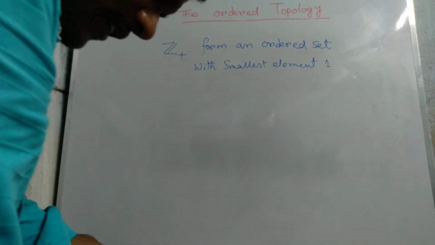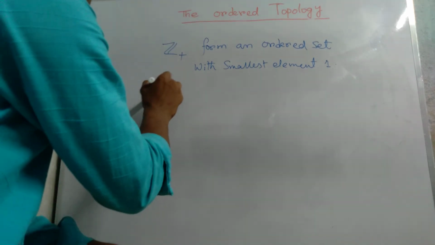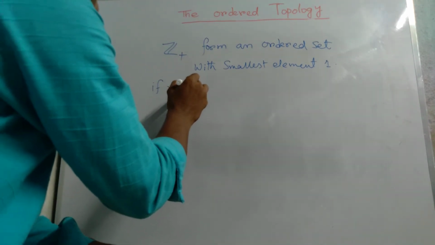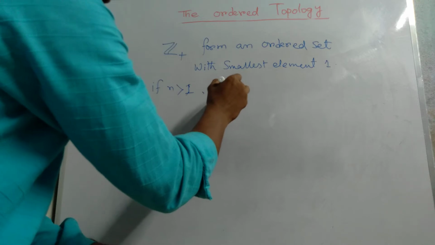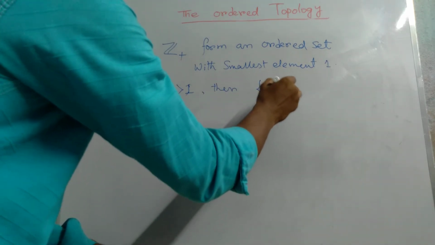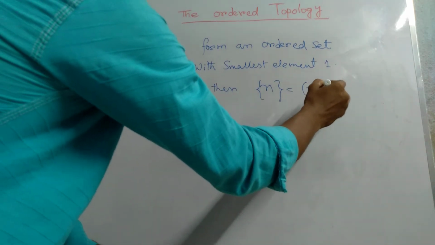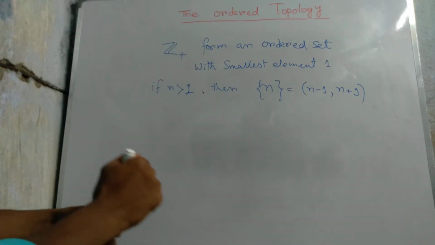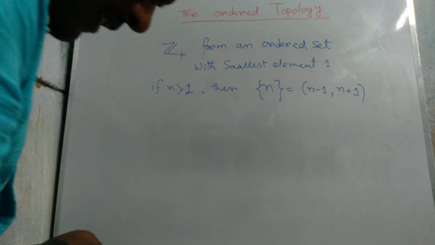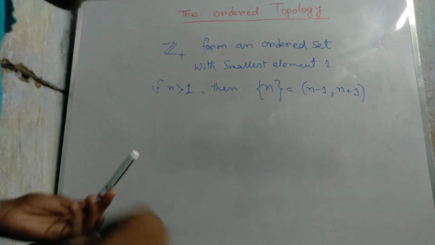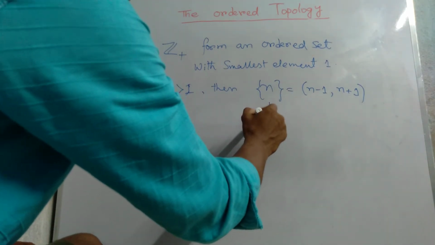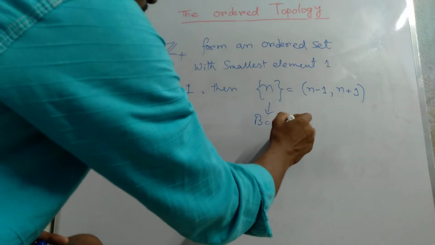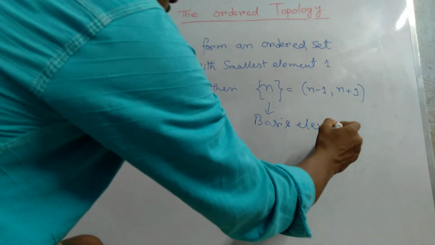If n greater than 1, then the open interval (n minus 1, n plus 1). That means these are the basis elements for Z plus.